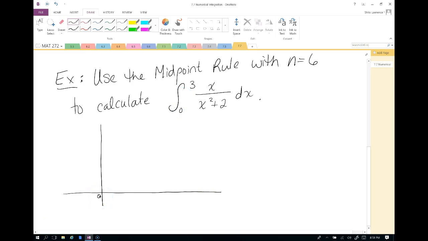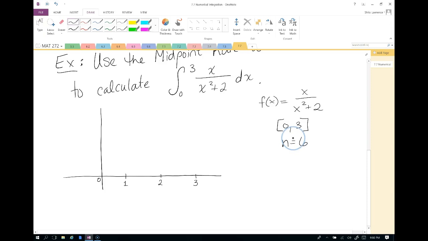I'm going to mark 0 there, and 1, 2, 3. f of x is x over x squared plus 2, and we're going from 0 to 3. We were told that n equals 6. You could go ahead and just plug some values in to help you get a graph. It might be good to actually know some of those functional values. We might need them later to do our calculation.